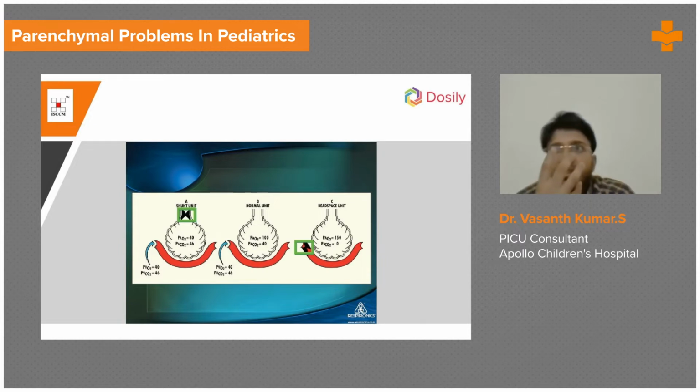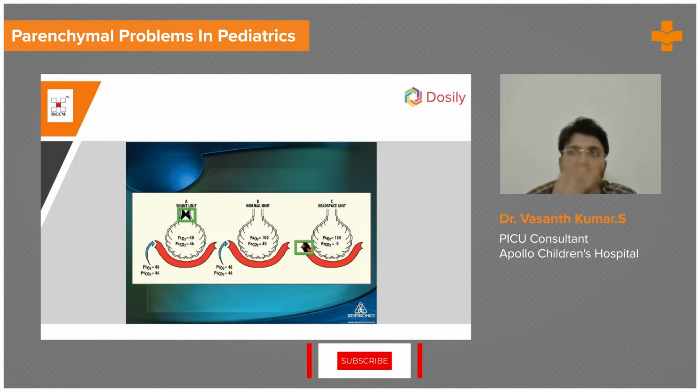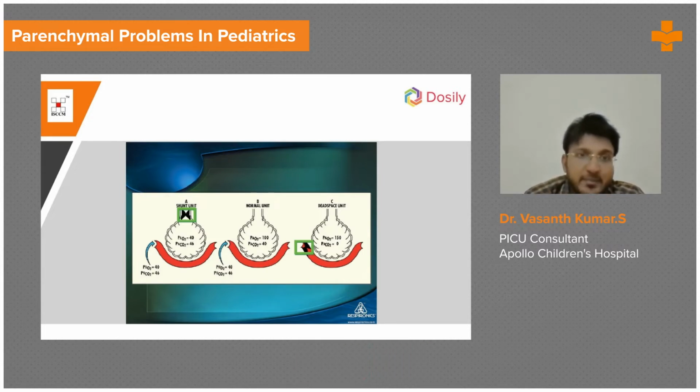When you give 100% oxygen through NRM, and the baby or the adult is not improving in saturation, that means there is a significant amount of shunt, and this is not going to help the patient. So you'll have to resort to positive pressure ventilation. PEEP is the only thing which will help in opening up the alveoli. All these alveoli will be opened up because of PEEP, and after that gas exchange can happen.